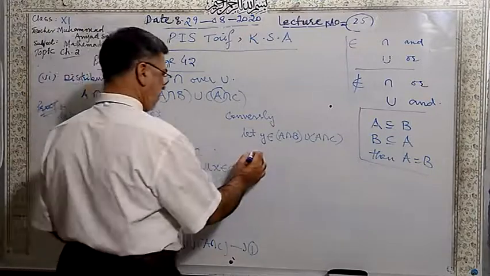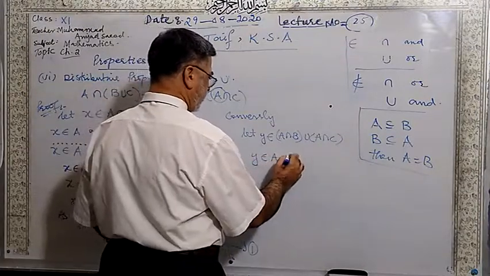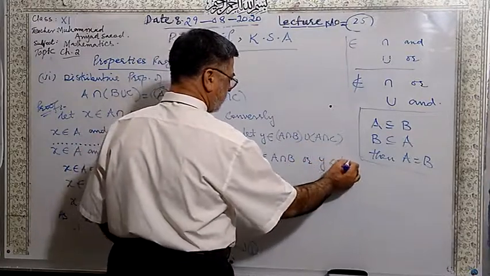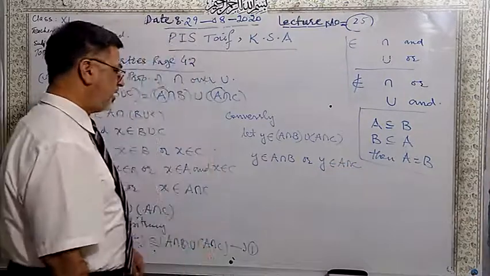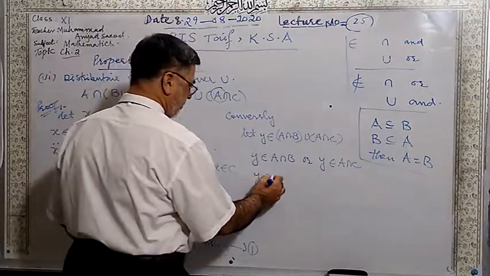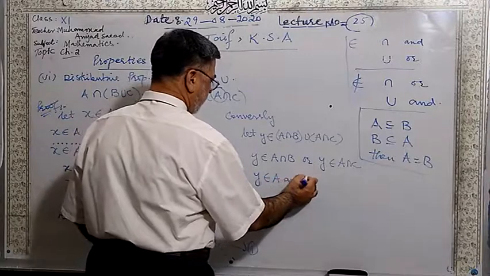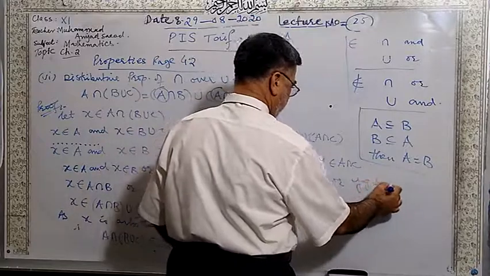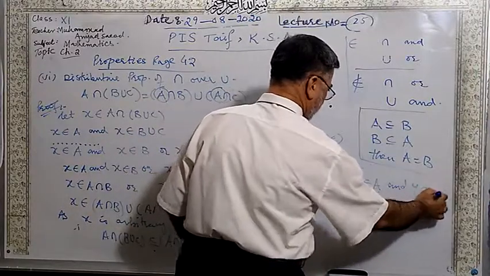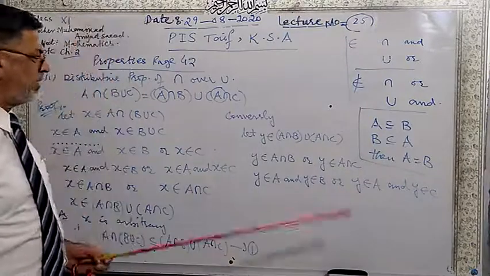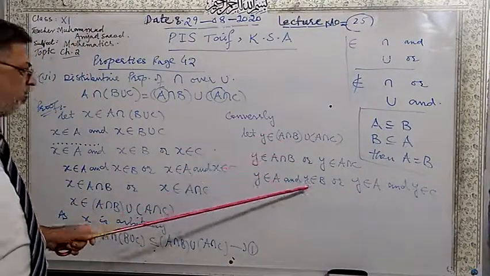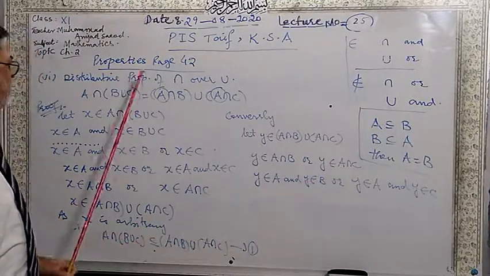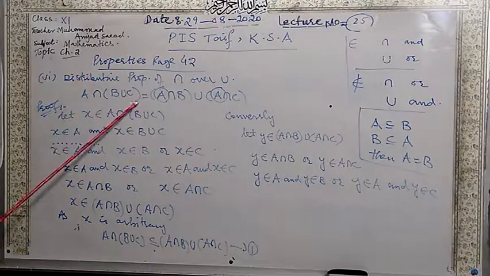Here is Y belongs to A intersection B, union, Y belongs to A intersection C. After that, Y belongs to A and Y belongs to B, or Y belongs to A and Y belongs to C. Dear students, you have separated all the terms; now check your left hand side.